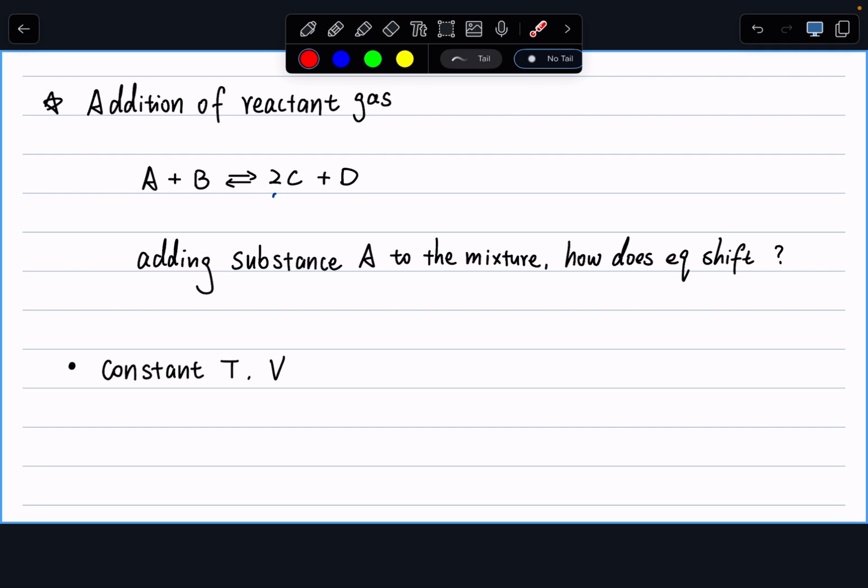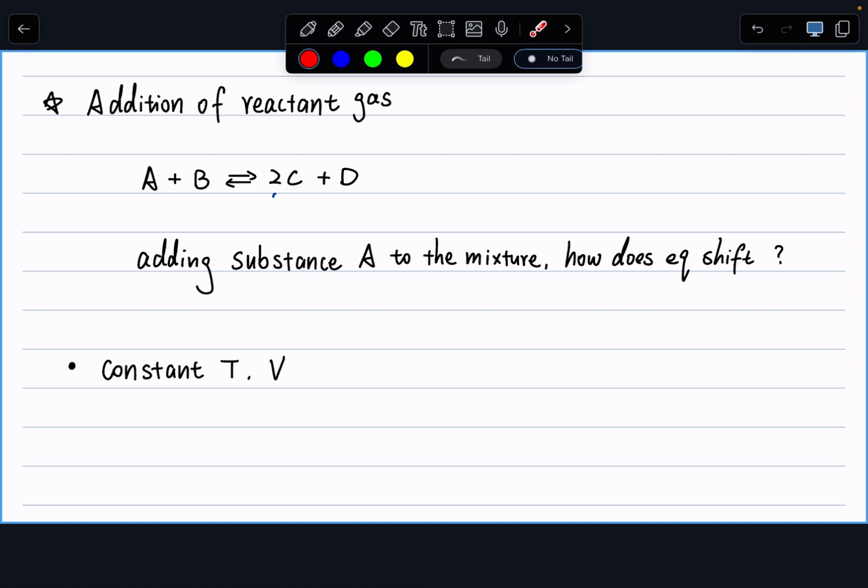Right, and what else? We also have constant volume. So that tells us we have our partial pressure of any of my species i equals the number of moles of species i times RT over volume. All right, so in this question, what do we have?